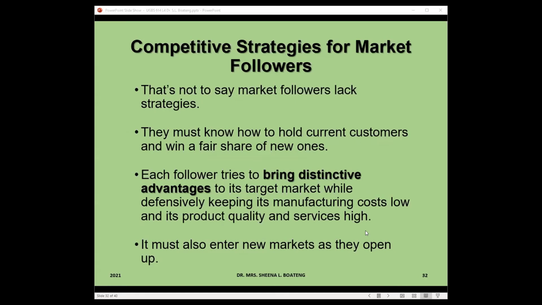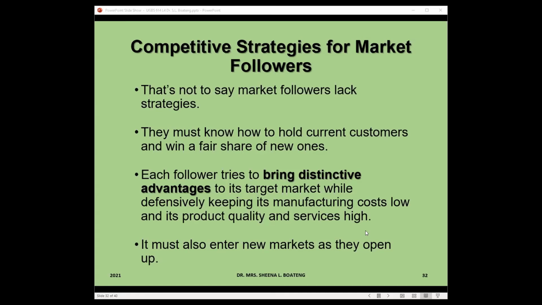And in doing this, to be able to ensure that they can make significant amounts of profit, they will defensively try as much as possible to keep their manufacturing costs low and the products and services at the highest level of quality, so that they would give the consumer a reason to choose their brand over the others, and subsequently help them maintain the market share that they currently have.